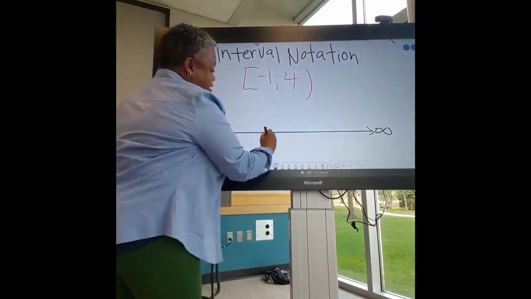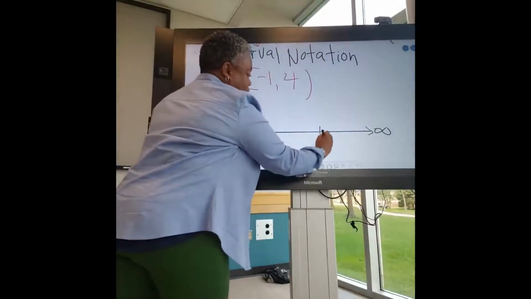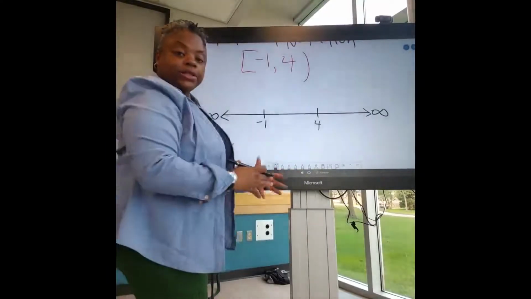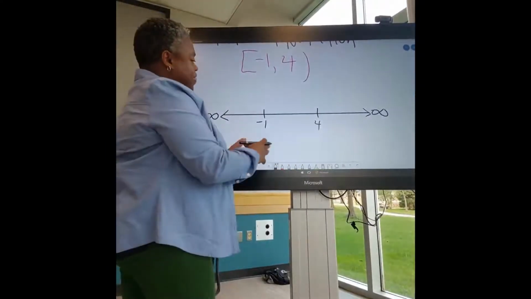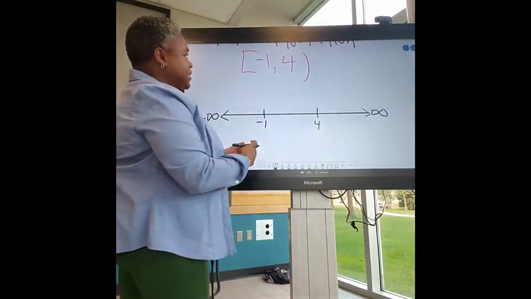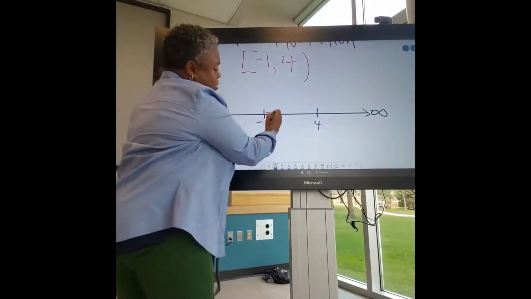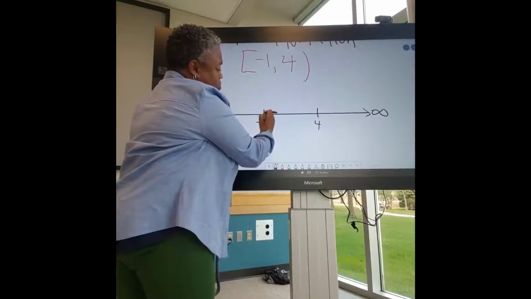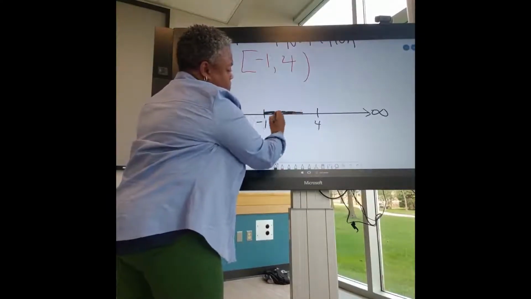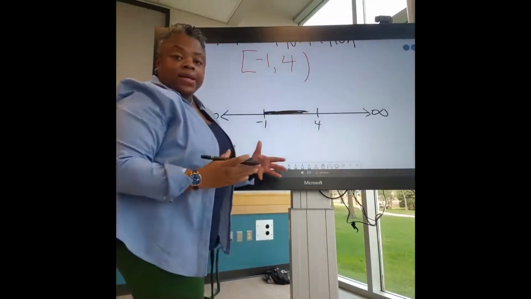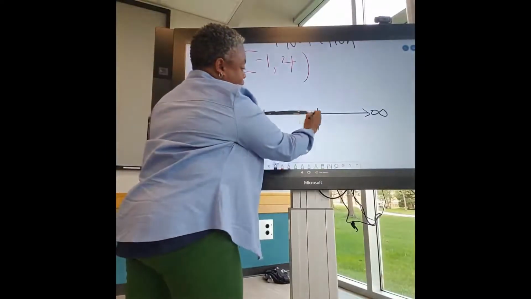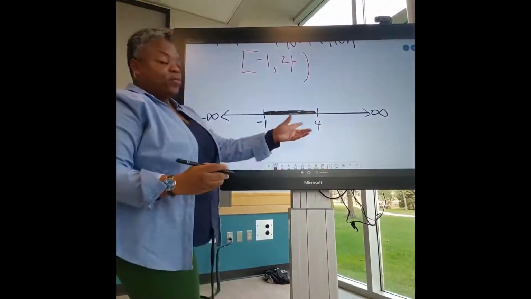And then I have a -1 and a 4. It doesn't have to be exact, you're sketching the graph. I know that x is greater than or equal to -1, so all the numbers in here would be part of that solution set. And x is less than 4, so everything between -1 and 4.